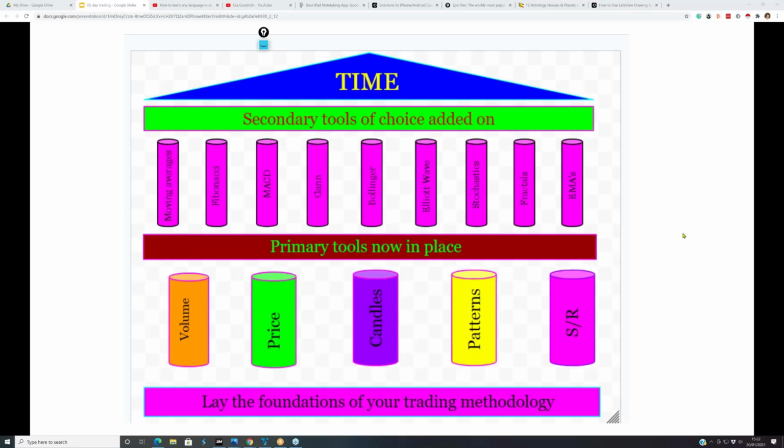They help with pattern recognition on a chart. The fifth element, last on the list but by no means the least important, is support and resistance. On top of that you then add indicators, proprietary or standard. But this is the base methodology.